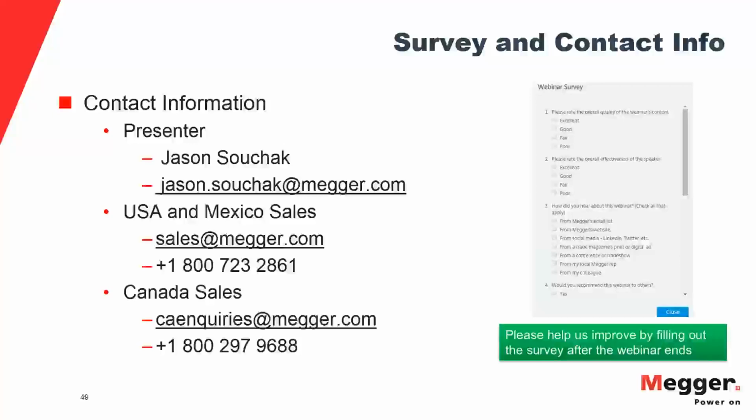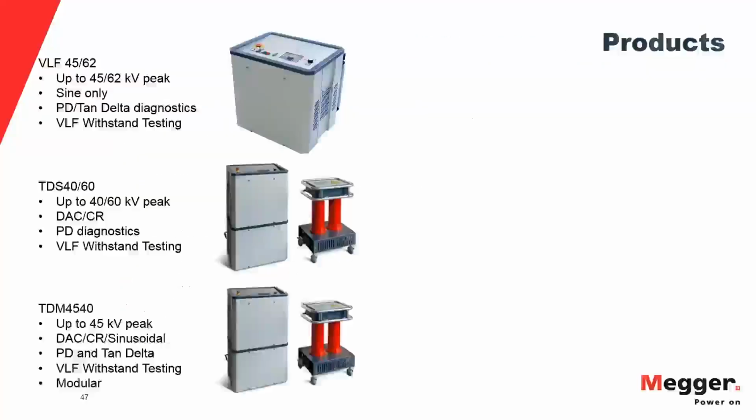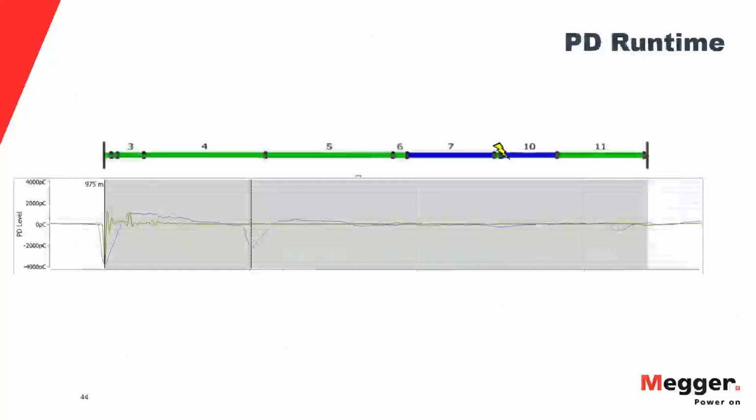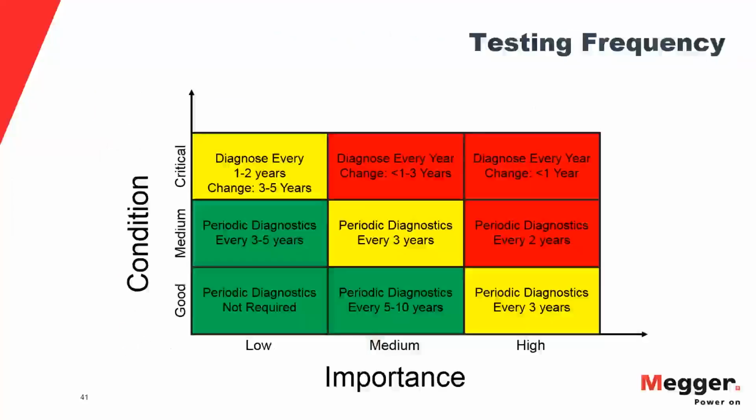So for those higher rated cables, for the VLF withstand, we have some VLF test sets that can go up to 80 kV output, but since our factories are located in Germany and all that technology came out of there, it leans towards IEC practices.